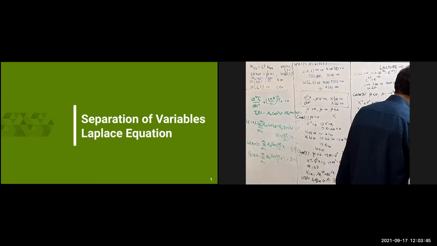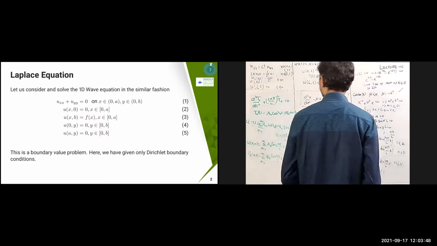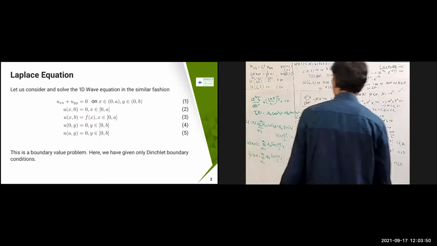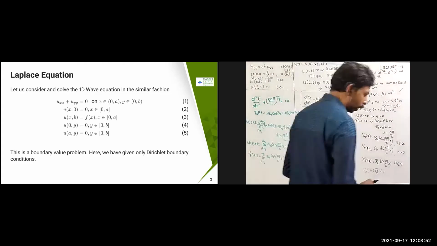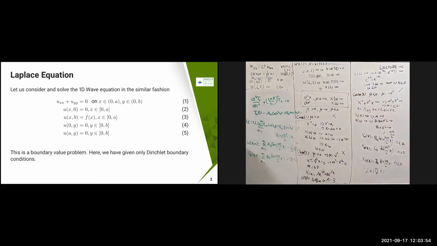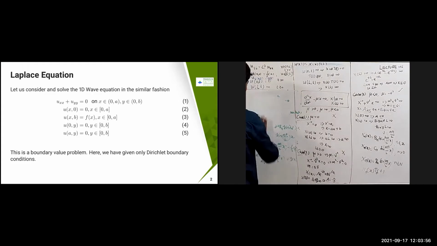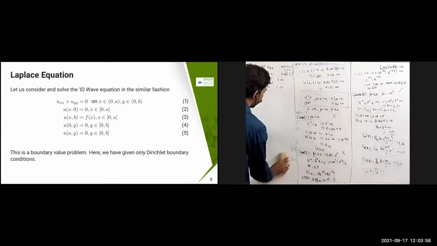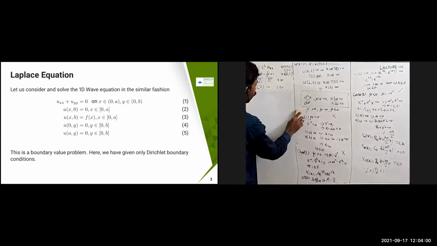In the Laplace equation again you are going to do the same thing. I'll just change this equation. So I will rewrite this one. Almost similar kind of things will come.